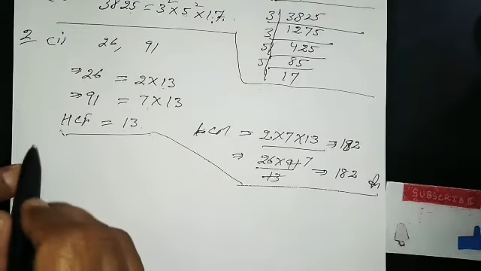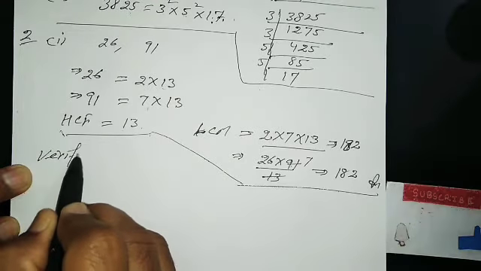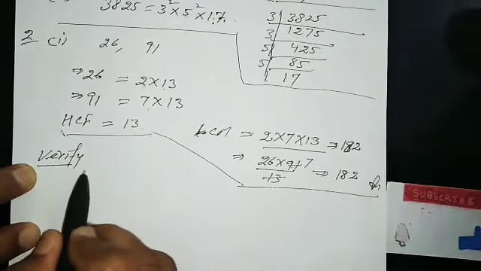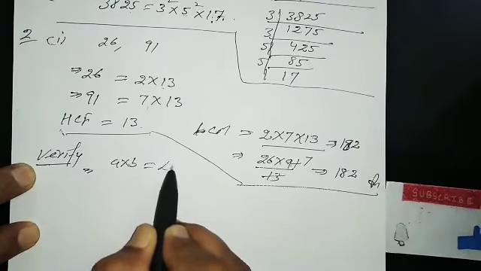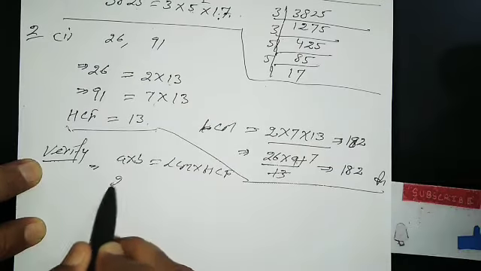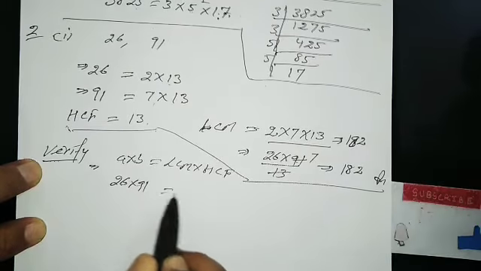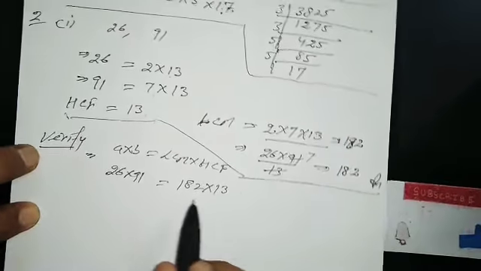So also you have to verify. The question is verify. How to verify? As we know, the product of the numbers is equal to the product of LCM and HCF. So the product is 26 and 91, and LCM is 182 and HCF is 13.